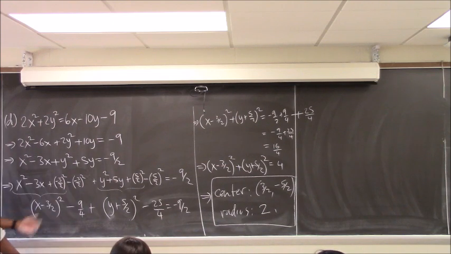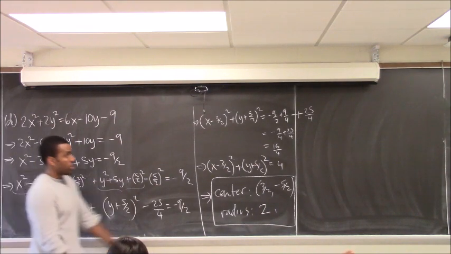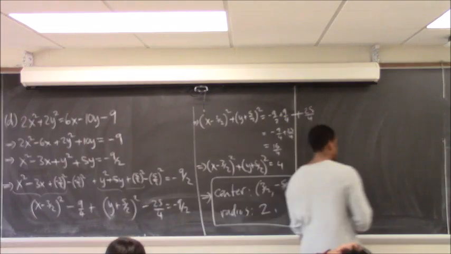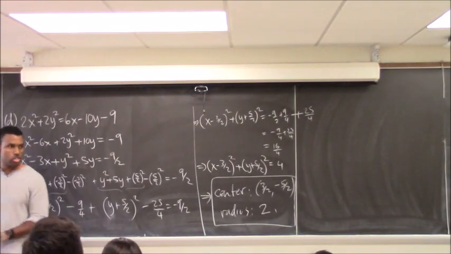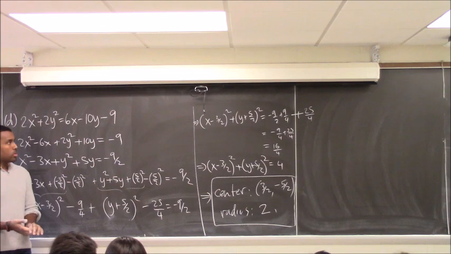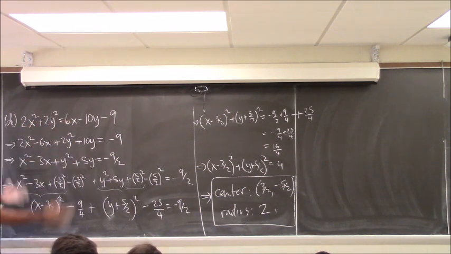Figuring out the center and radius of a circle is a special circumstance where you can apply completing the square, as well as knowing how to add fractions and whatever. Questions? When it comes to things like these, it's going to be very similar problems to this that I would ask. Give you a random equation, tell me what's the center and radius of this circle.